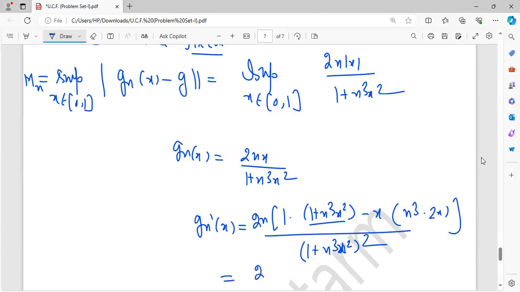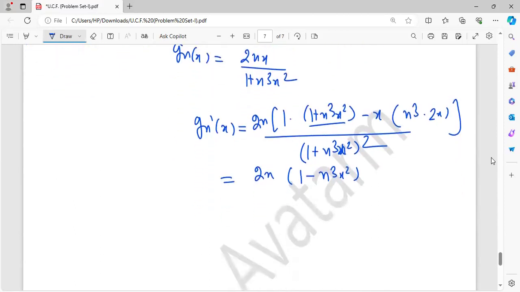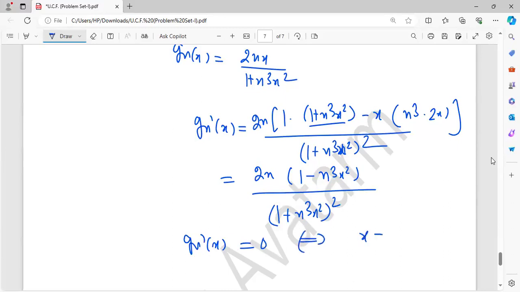After solving, what you will get? 2n times 1 minus n cube x square, over 1 plus n cube x square, whole square. So when will gn dash be 0? If and only if x is plus minus 1 upon n to the power 3/2.